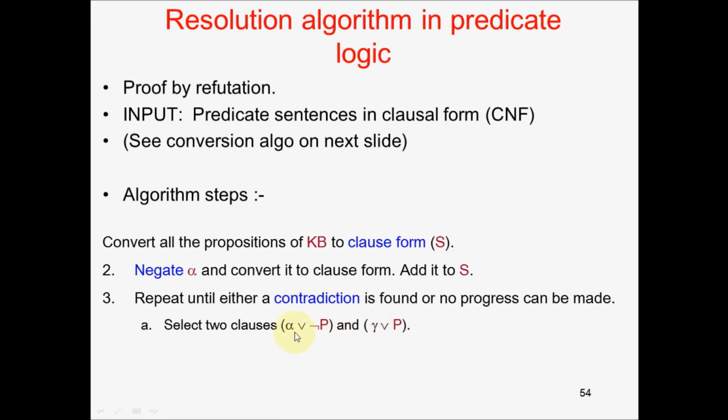Moreover, any other term or false gives you that term itself. So P and not P will cancel out, and in the second step the resolvent, whatever is remaining, that is alpha or gamma, is added to the knowledge base S. You go on executing this procedure till either a contradiction is found or no progress can be made.